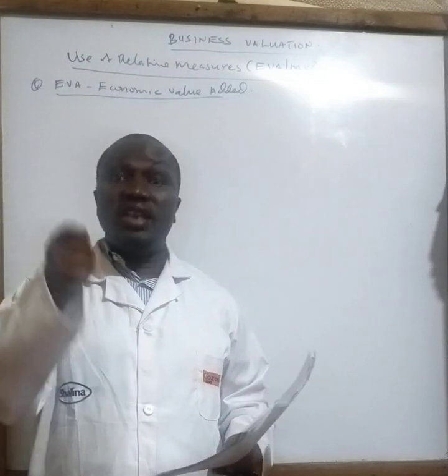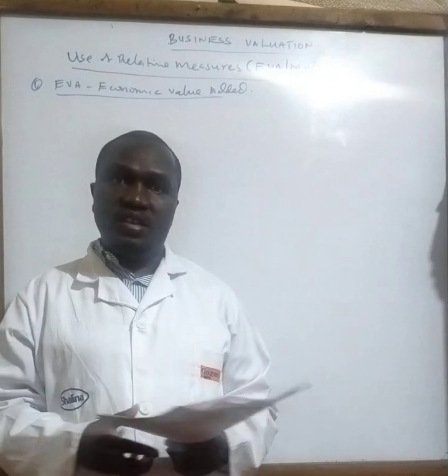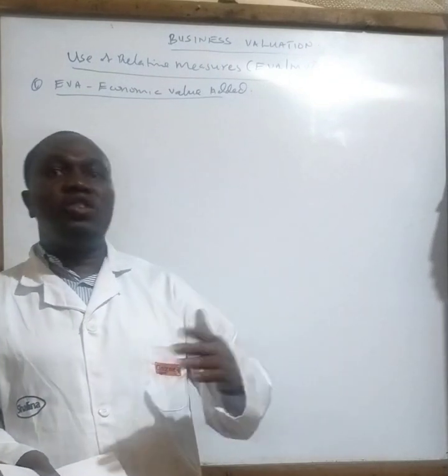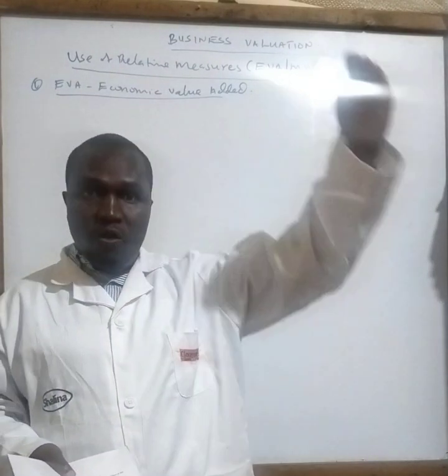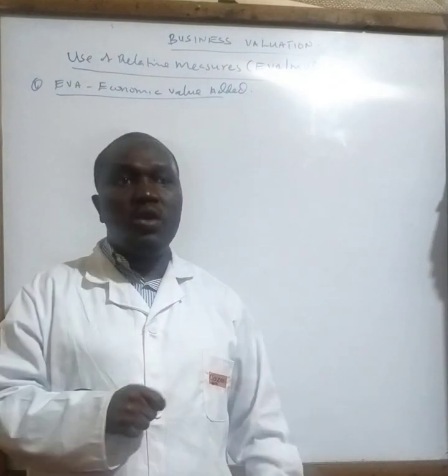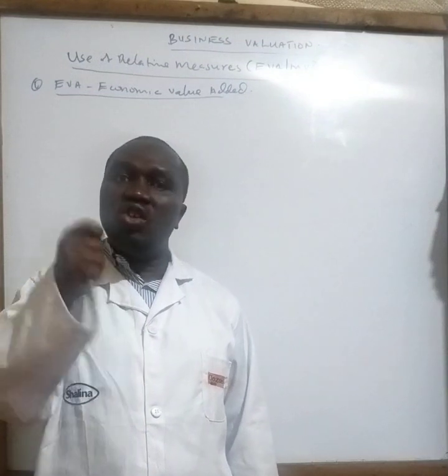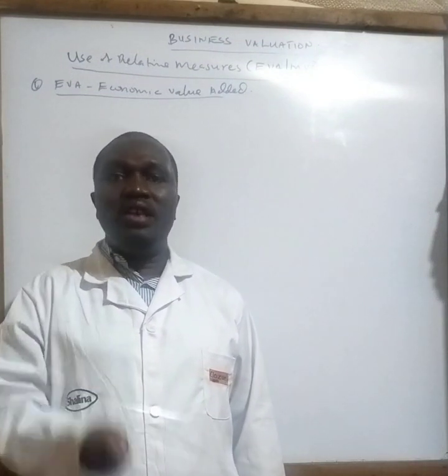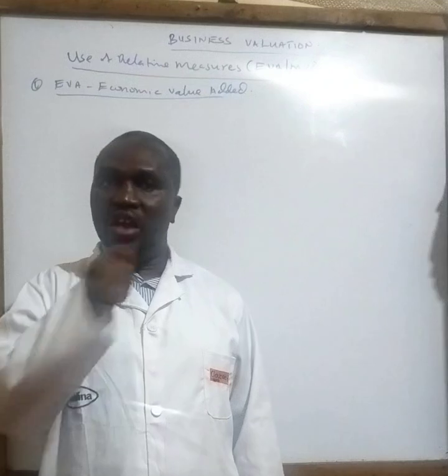We call it required return. In most businesses, people value the business based on profits. They say revenue minus cost to get the profits. This profit is not enough because it ignores what they call cost of capital, that is the required return on the investment.